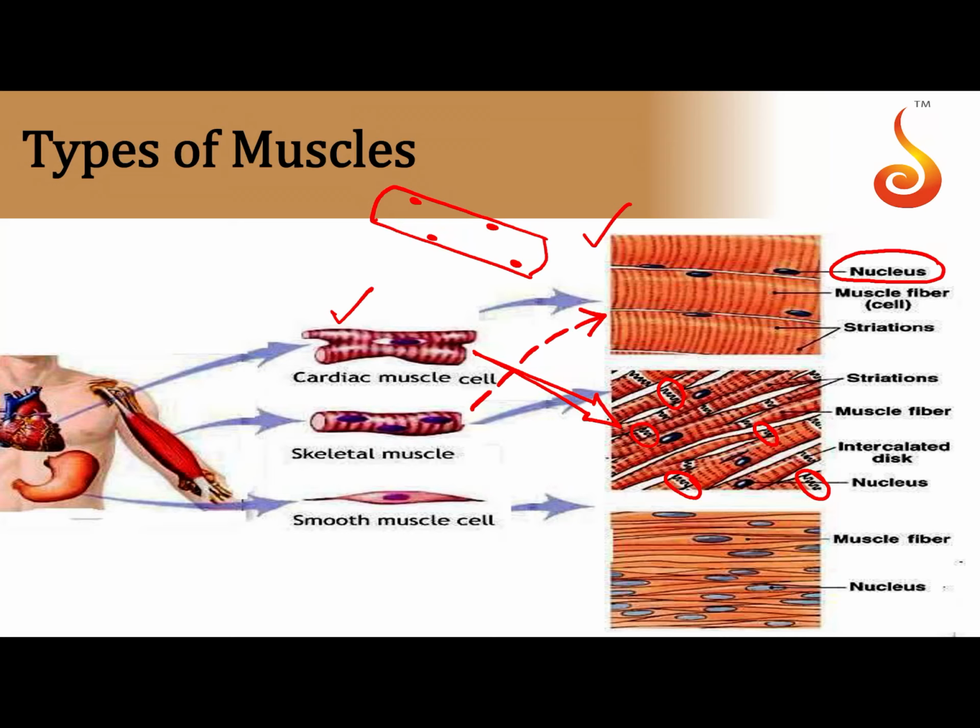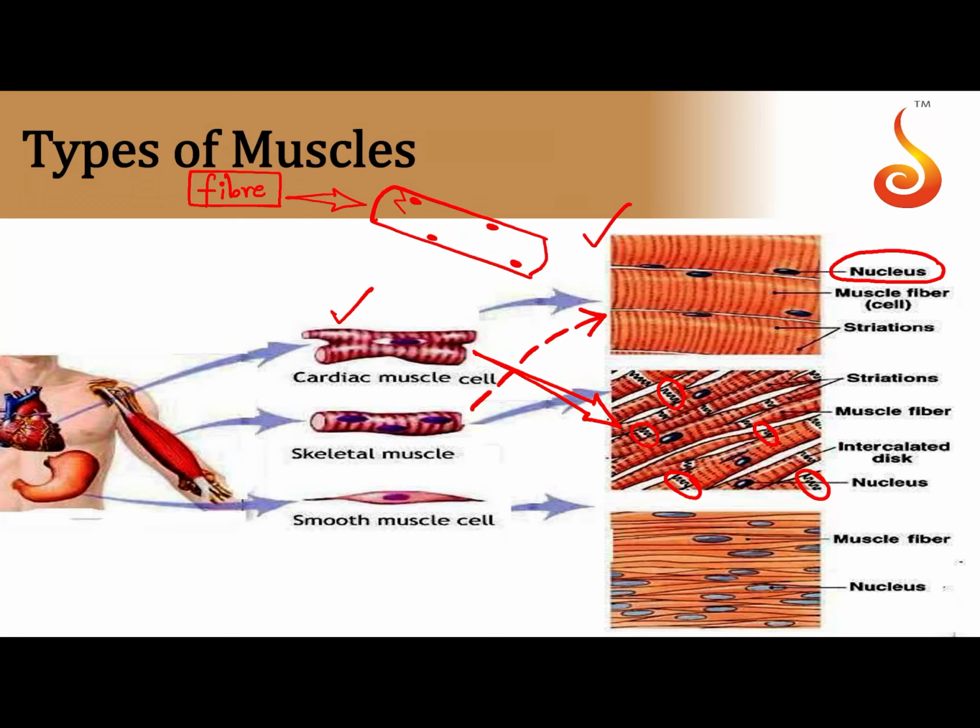So we call this skeletal muscle a syncytium because it is a cylindrical cell which has more than one nucleus inside. The reason why we don't use the word cell and we usually call it a skeletal muscle fiber is because of its cylindrical appearance.